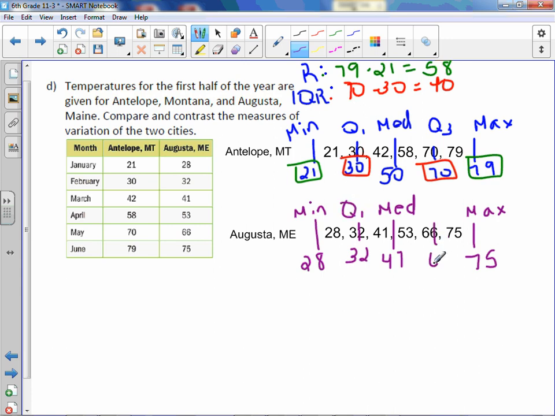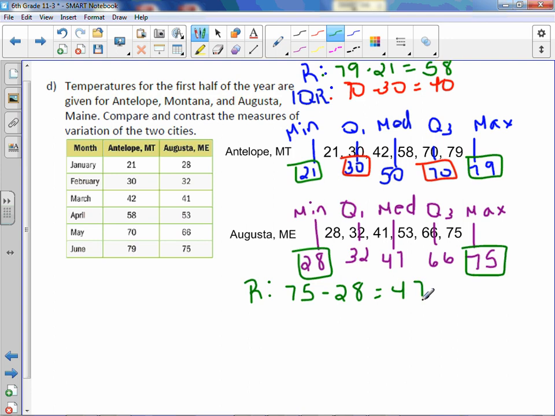And quartile 3 is 66, which is also the middle number on the upper half. To find the range, it's 75 minus 28, which equals 47. And to find the interquartile range, it's 66 minus 32, which equals 34.